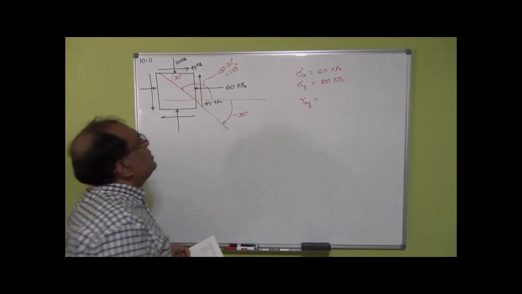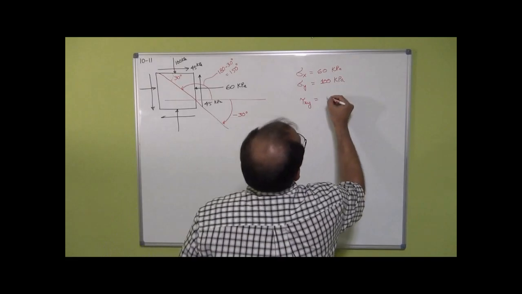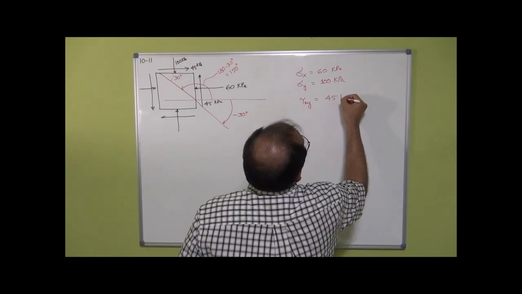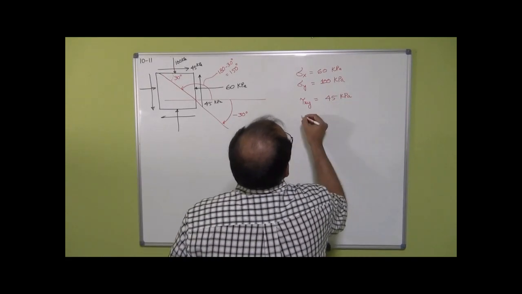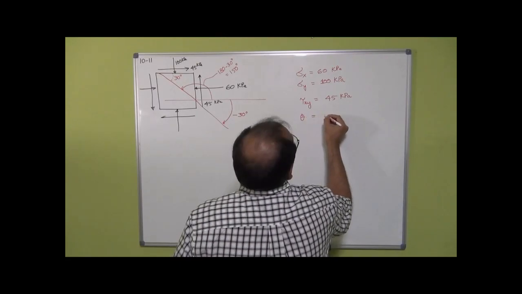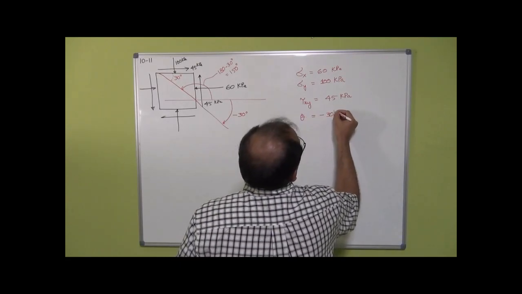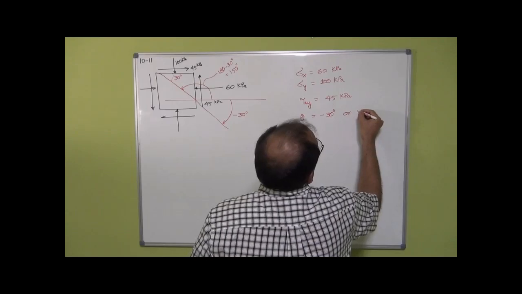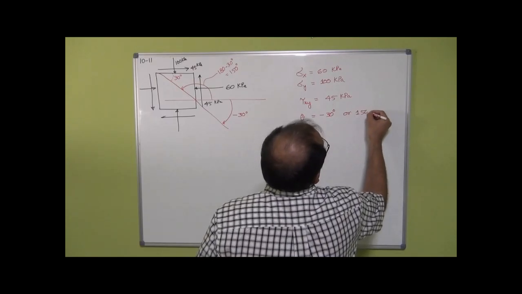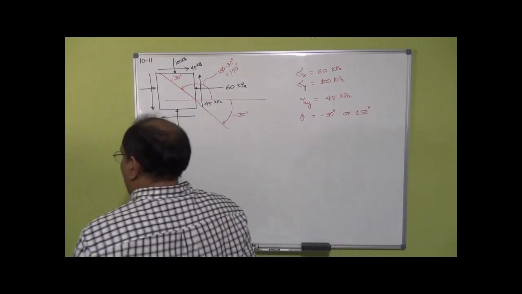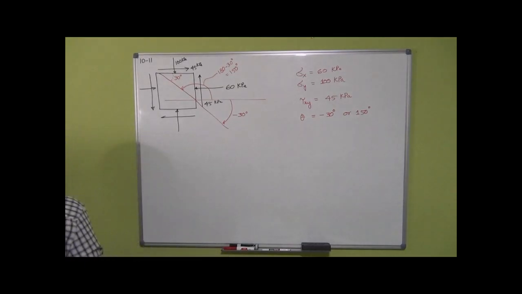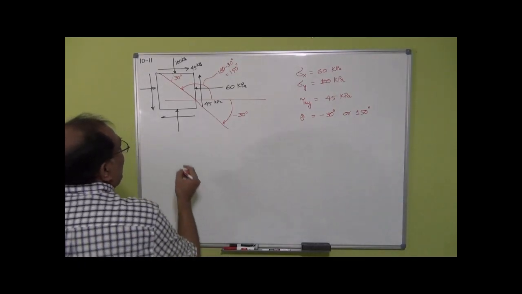This one is upward here, so tau xy is 45 kPa, and your theta is either minus 30, you can just consider that, or 150 is fine. Either of those is fine.